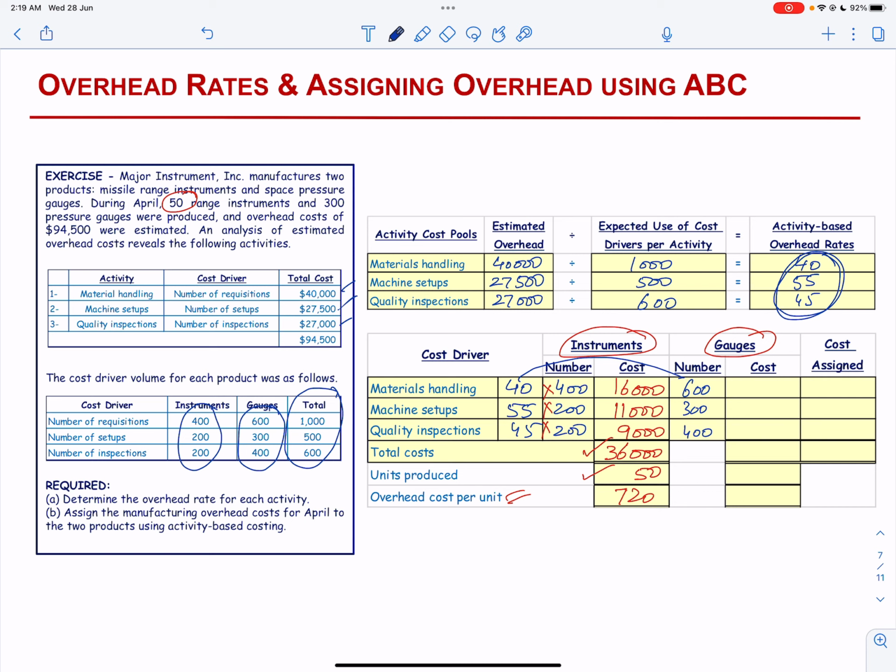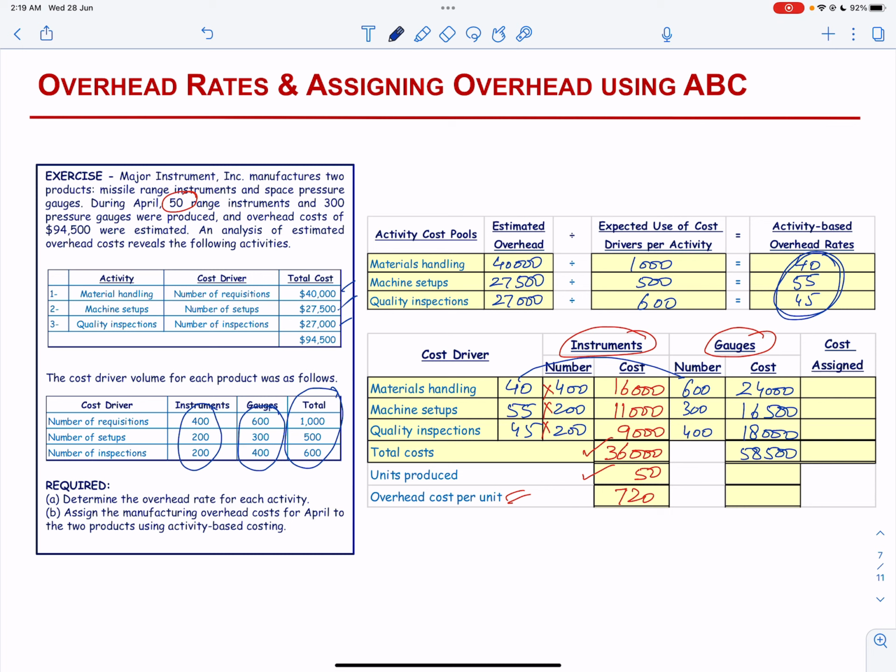So once we multiply, this will be equal to 24,000, 16,500 and 18,000, and the total will be 58,500.